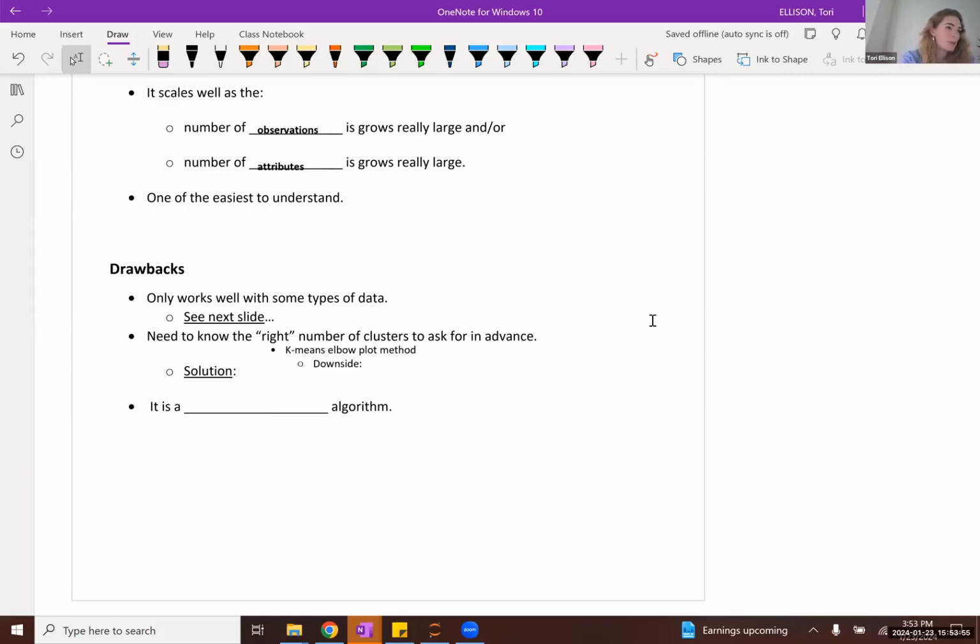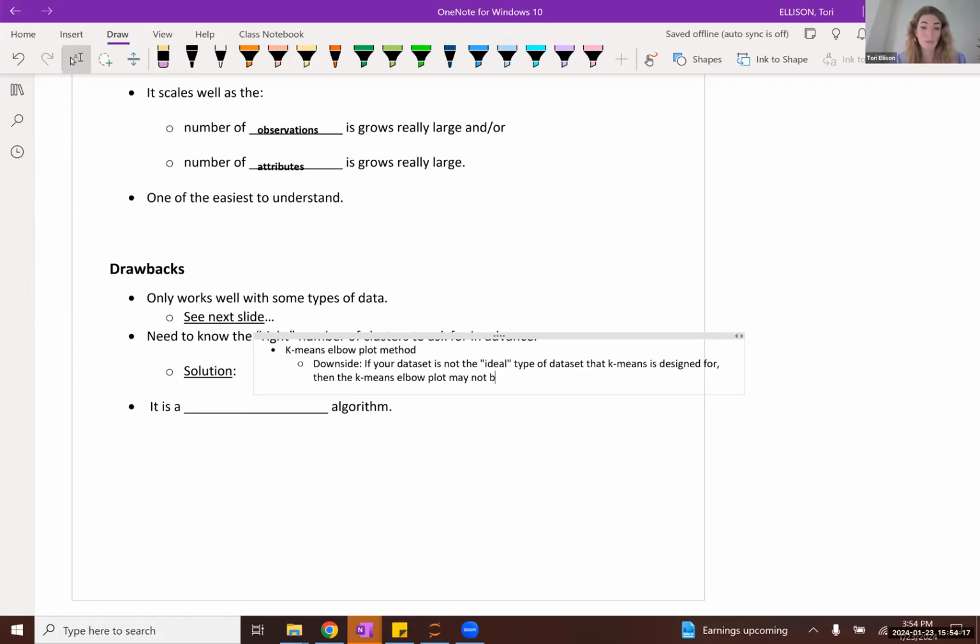Exactly. So someone's saying we may not be able to identify it if there's no elbow. Right. So basically, if your data set is not the ideal type of data set that k-means is designed for, then the k-means elbow plot may similarly not be able to identify the number of clusters that exist in the data set.